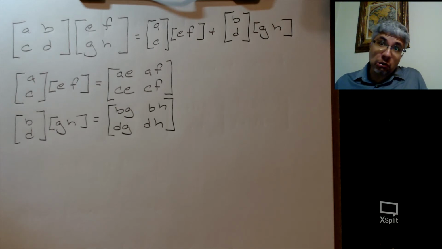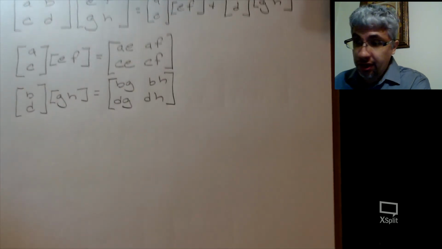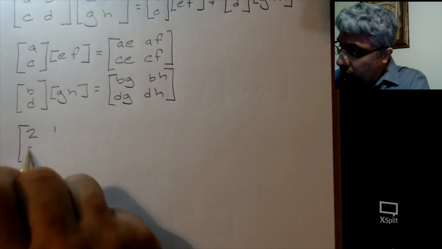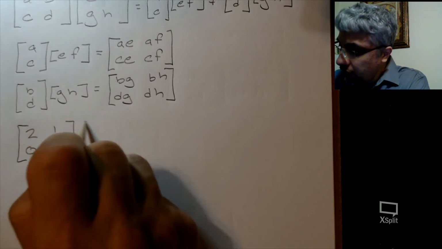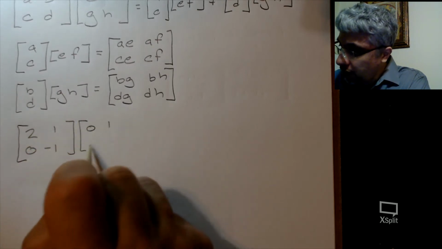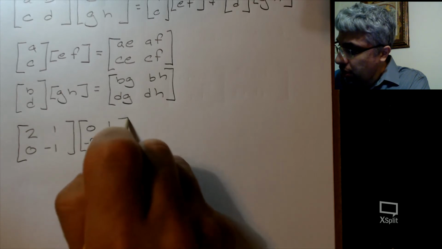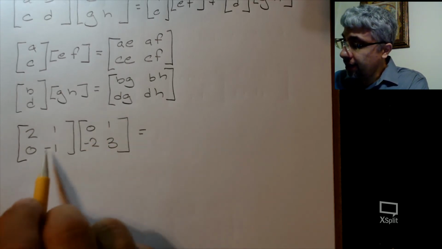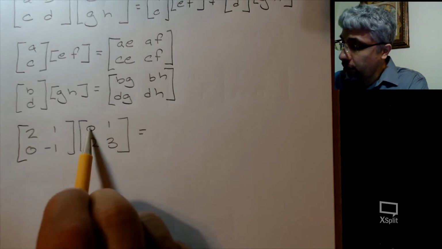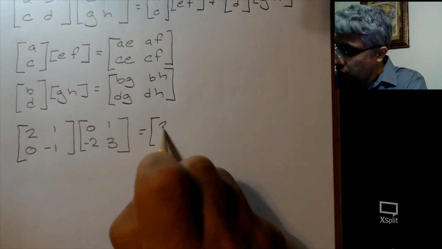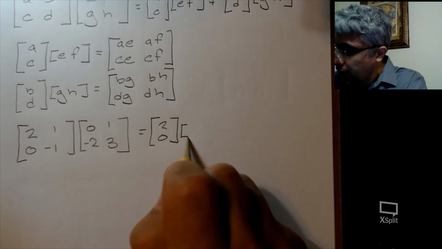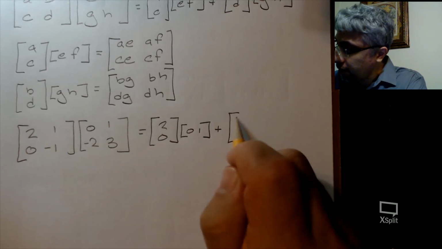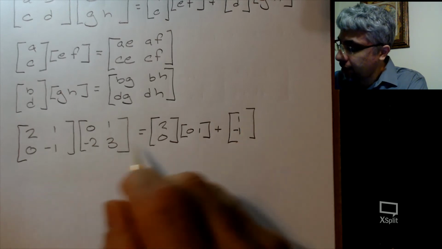So let's try it with an example. Let's do the same example we did before, which looks like it was 2, 1, 0, minus 1, times 0, 1, minus 2, 3. So in order to do this, I'm going to take column, row, 2, 0 times 0, 1, plus column, second row.